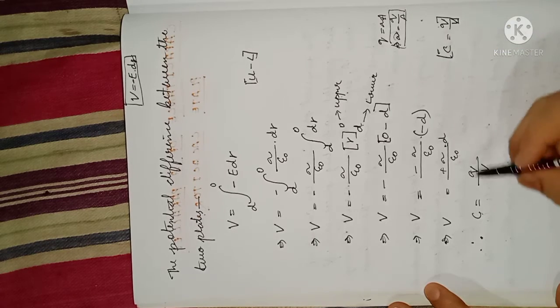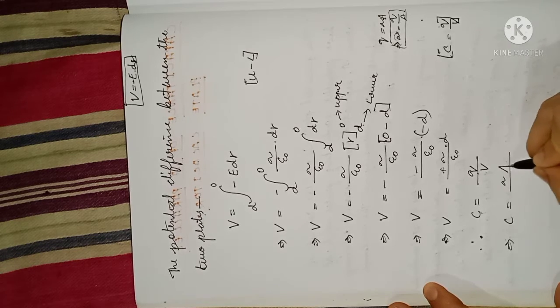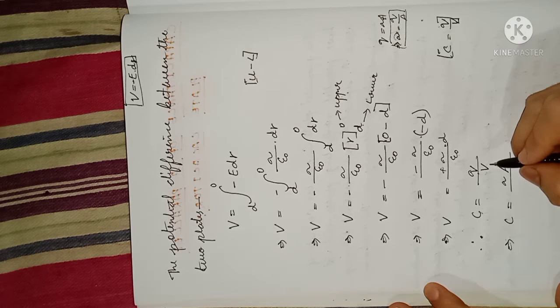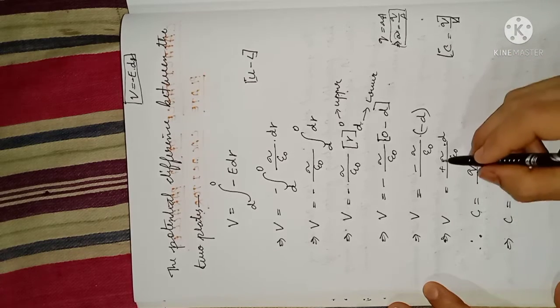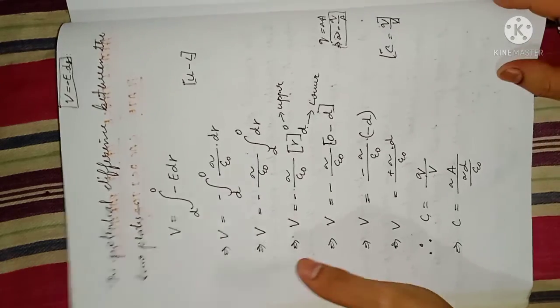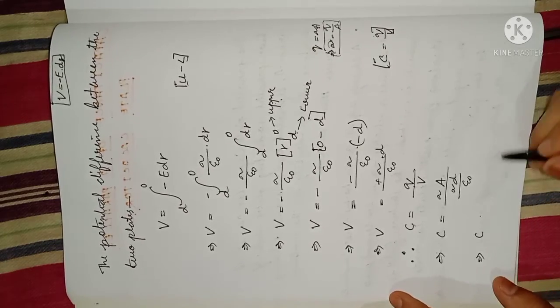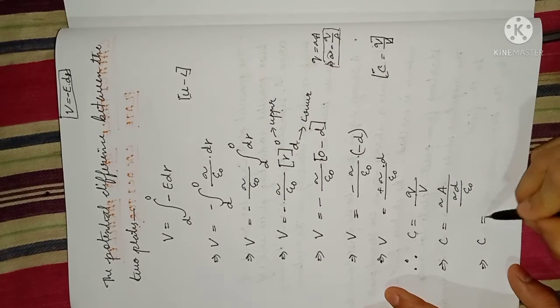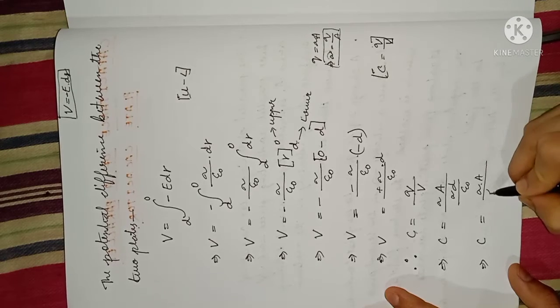We can substitute the values here. So C is equal to, instead of q we write sigma into a, and instead of V we write the potential difference we have already found, sigma into d by epsilon naught. So C will be equal to sigma into a divided by sigma into d by epsilon naught.